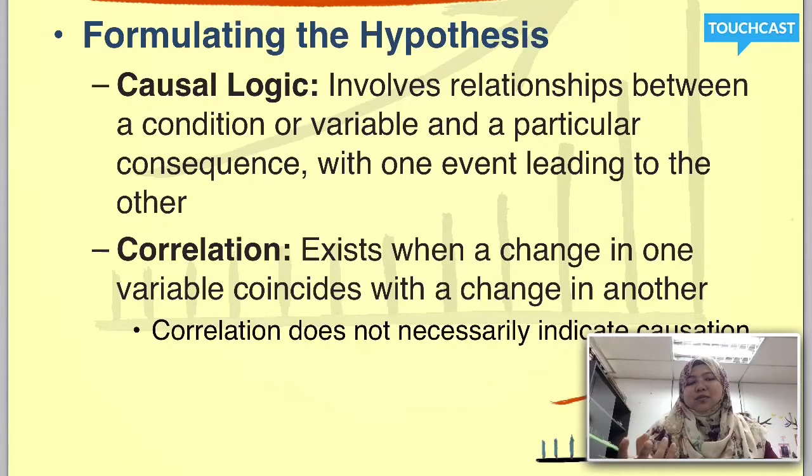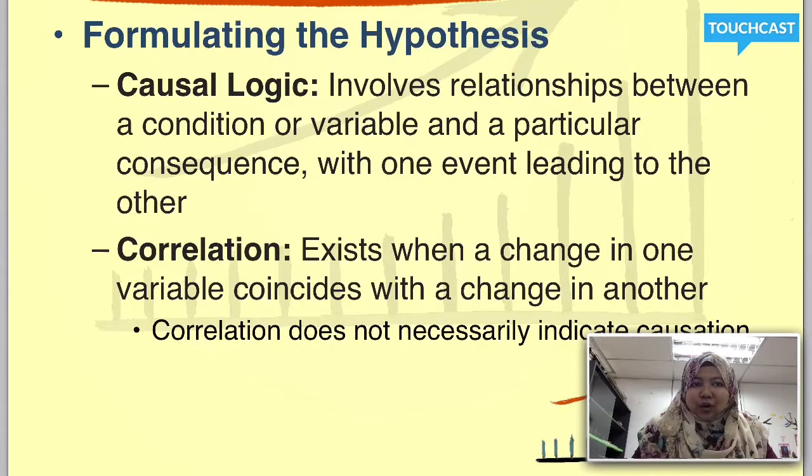For example, if you say that you will get an A plus grade for sociology when you spend more time to study, this is causal logic. When you spend more time, you will get a better grade. So this is the relationship between the condition and consequence.